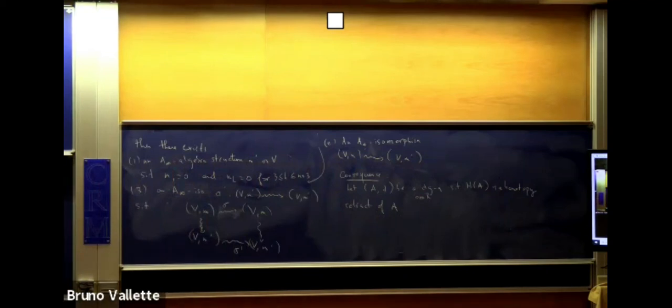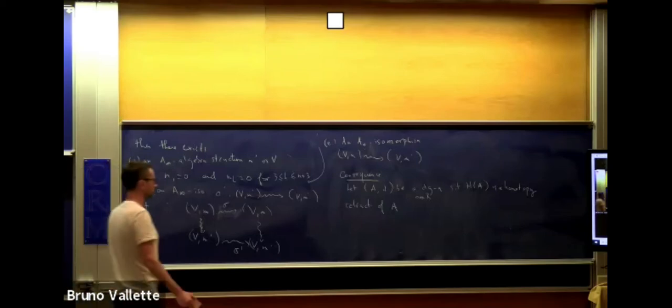For instance, if you're over a field, this is automatic. But if you're over, say, the integers, or any PID, this will be true if A and H of A are both free.